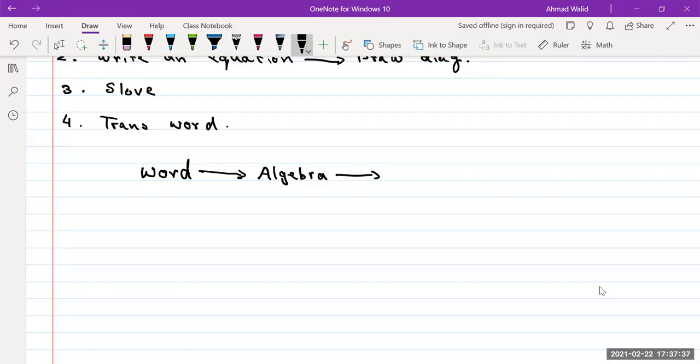Then you solve. Then, after you solve, you have to translate it back to what? To words. These are the steps that you have to know. In any word problems, we follow these steps, even in stats.